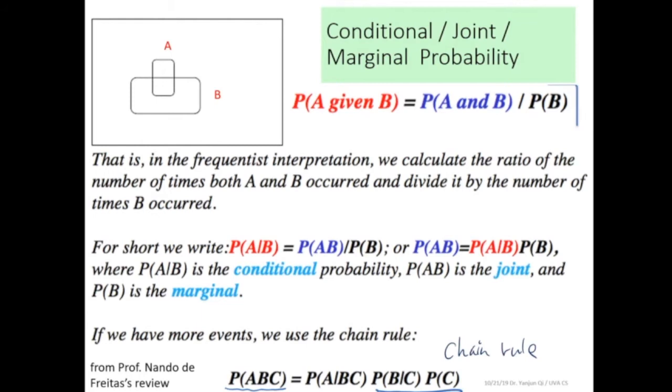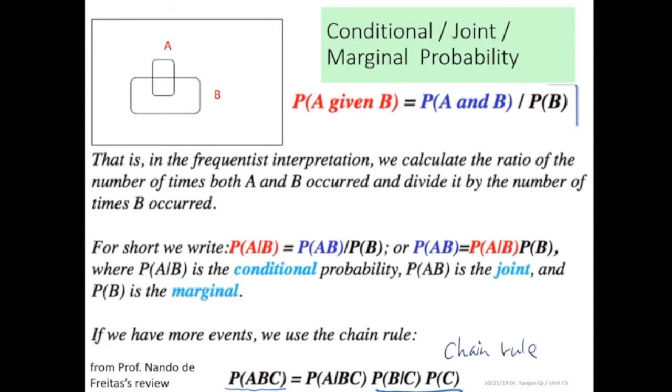So, what is joint probability? Joint probability is about multiple random variables. I want to estimate the probability of multiple random variables, or multiple events, all together.